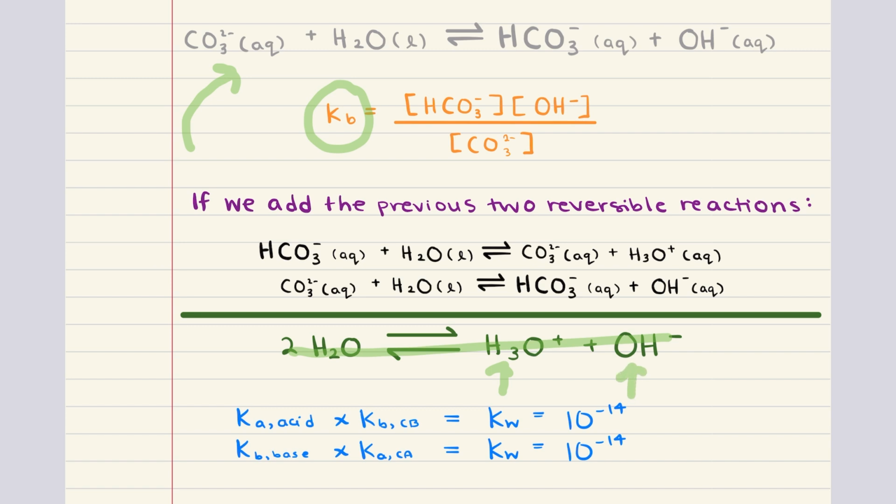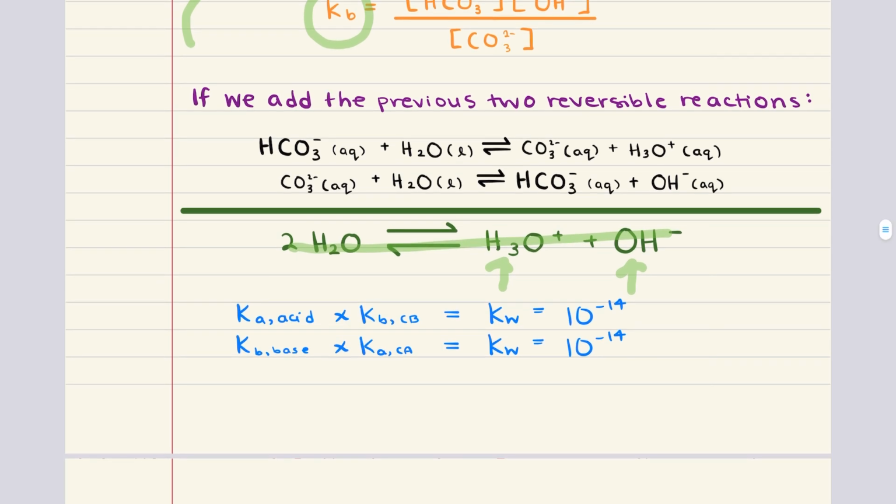Since this net reaction represents the autoionization of water, the equilibrium constant for the combined reaction is the product of the individual equilibrium constants, and this is equal to the water dissociation constant Kw, which is equal to 10 to the minus 14 at 25 degrees Celsius.